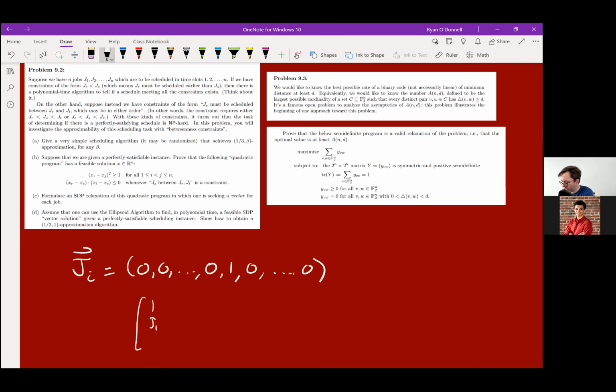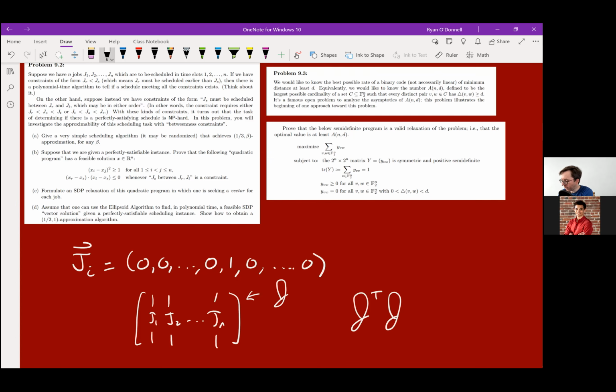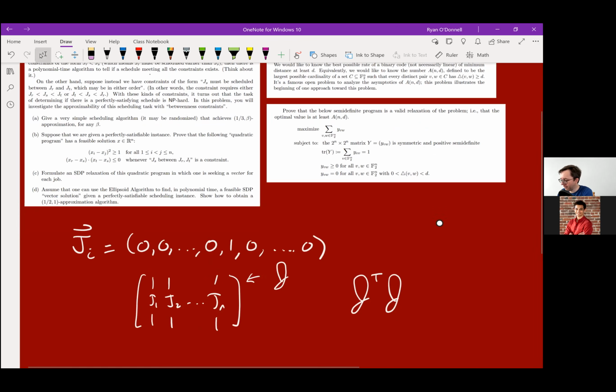It's hard to do ordering on one-hot vectors. Like this? Yeah, exactly. We call this maybe script J, and then J transpose J. Yeah. That was the idea.